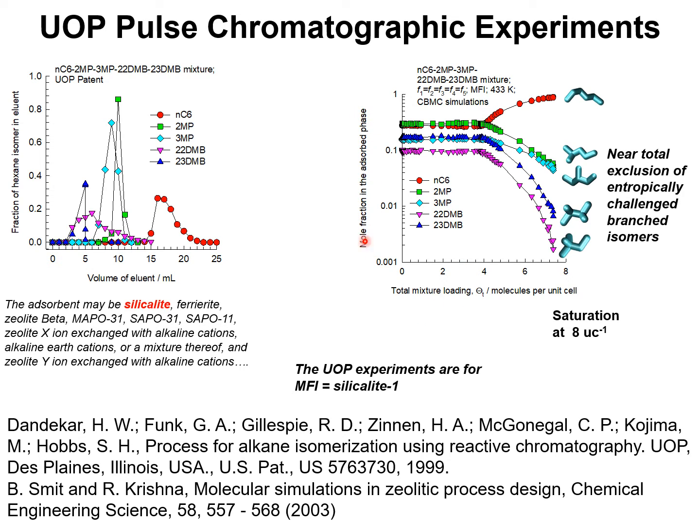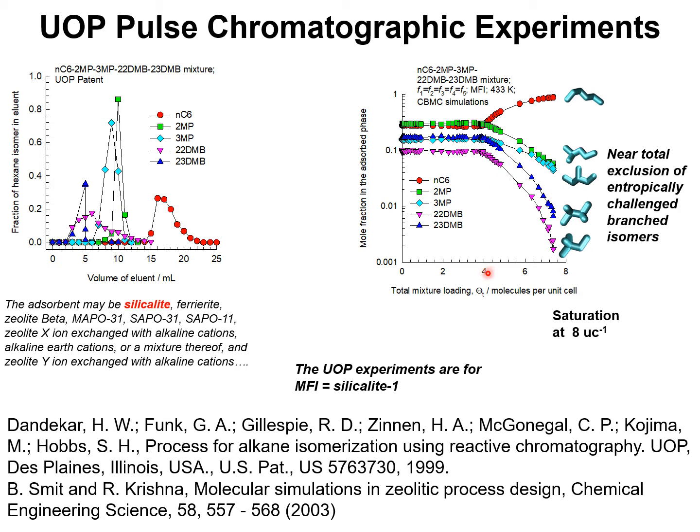The mole fraction in the adsorbed phase is plotted as a function of the total mixture loading varying from 0 to 8. 8 is the saturation capacity, and we note that as the mixture loading increases beyond a value of 4, recall that the monobranch and the di-branched isomers can only locate at the channel intersections and therefore these are entropically challenged.